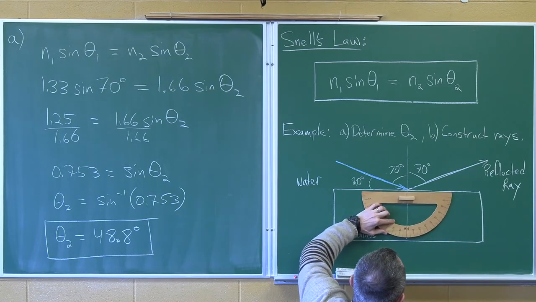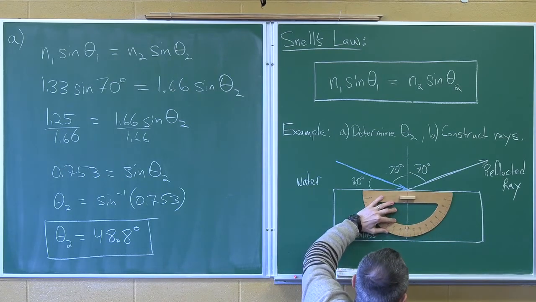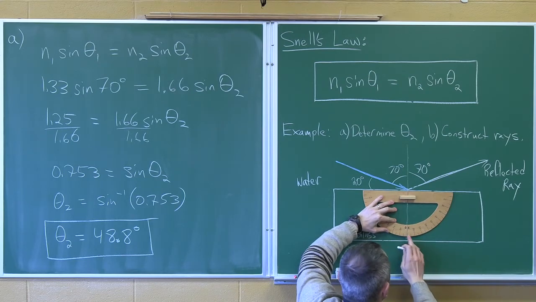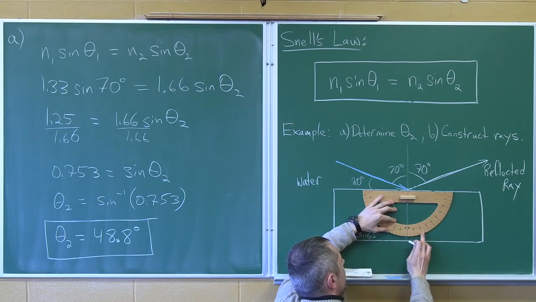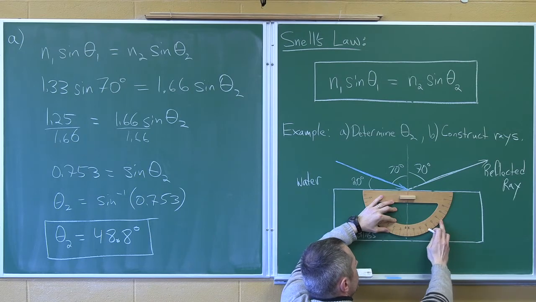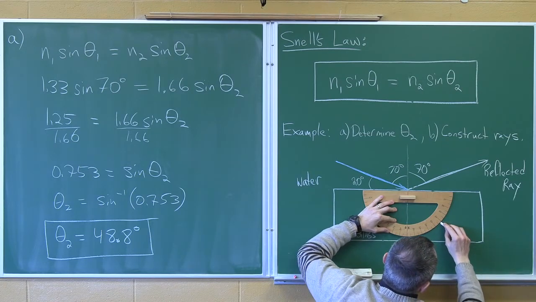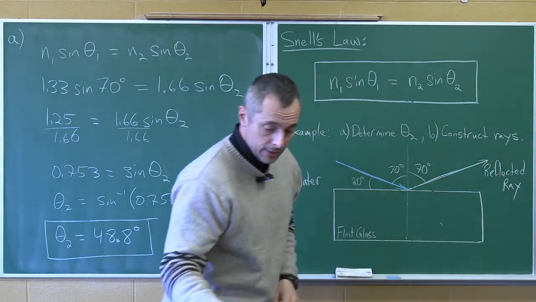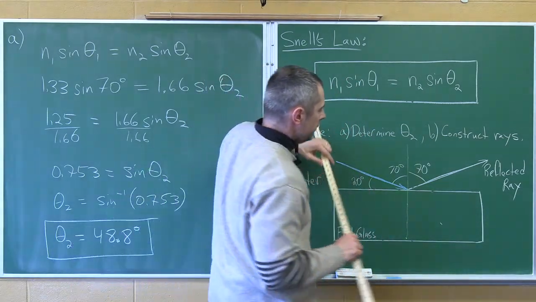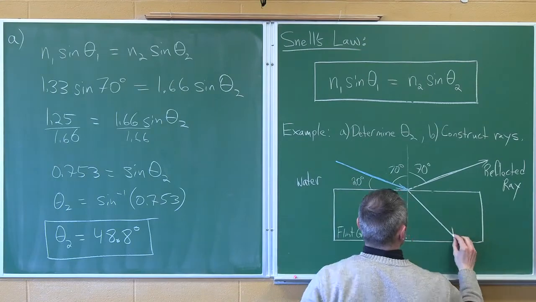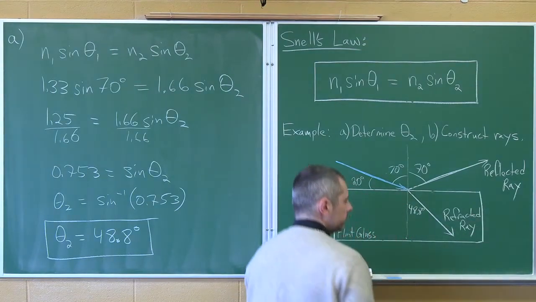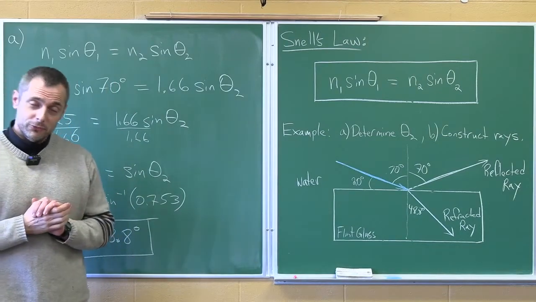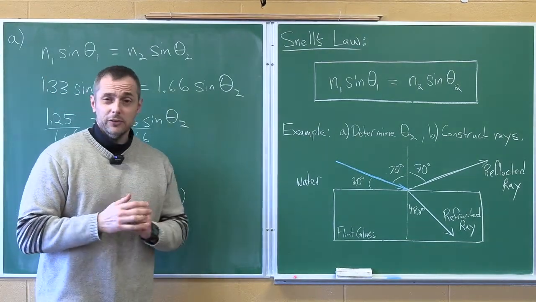Okay, and then I'm going to measure 48.8 from that normal, ignoring the numbers on the protractor. 10, 20, 30, 40. There's 50, so 48 will be right around there. Okay, so get my ruler out. So go ahead and draw that refracted ray as accurately as you can now.